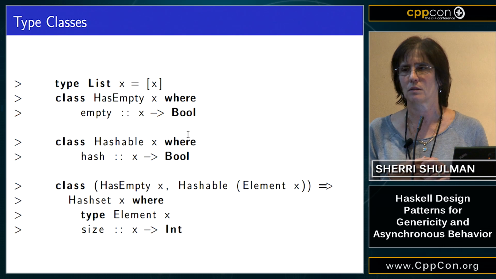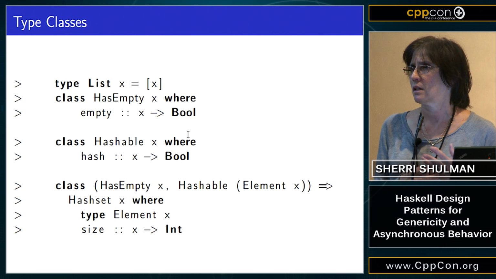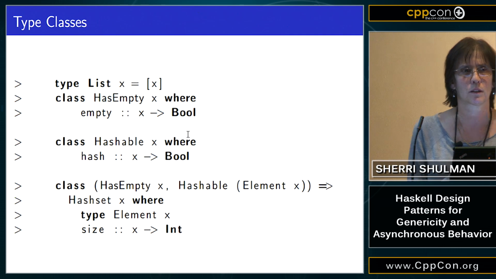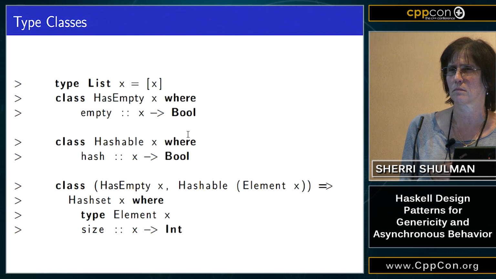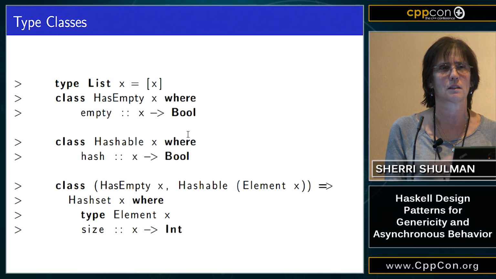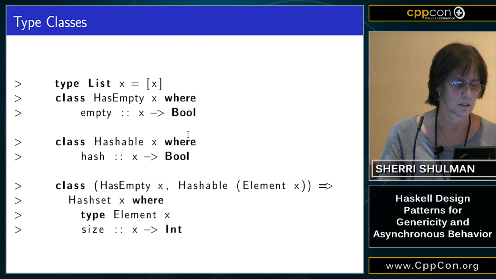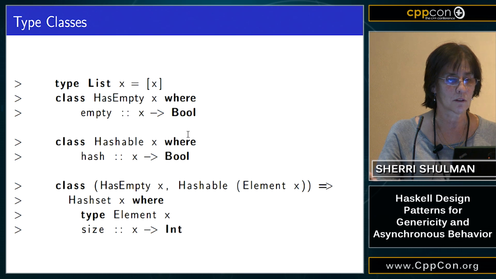But in general, when you give a definition in Haskell, it infers the type. Right? And there are some moves in C++ to provide that as well with decltype and declval. I'm not sure if that's actually in any of the C++ compilers now or if it's still at the experimental stage. All right, so empty is a function that takes an x and returns a bool.